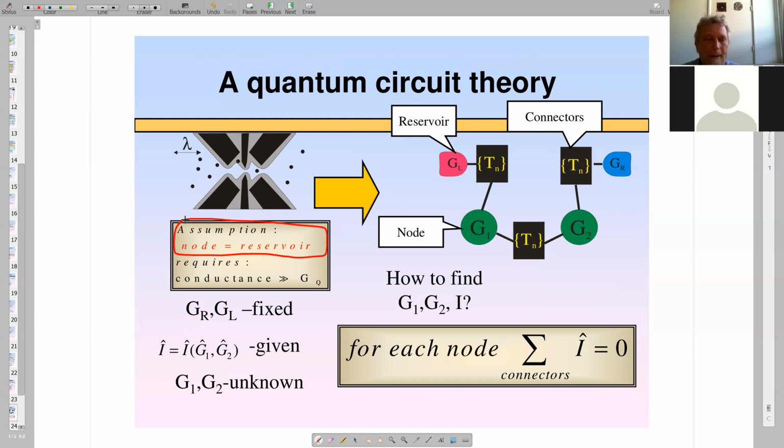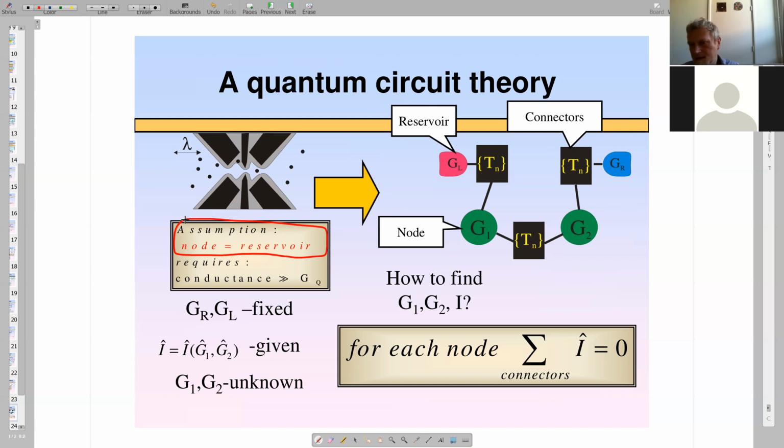We say that a node in this structure becomes a reservoir, can be treated as leads, so one can ascribe a matrix voltage to it, like you can ascribe voltage to a node in common electric circuits.